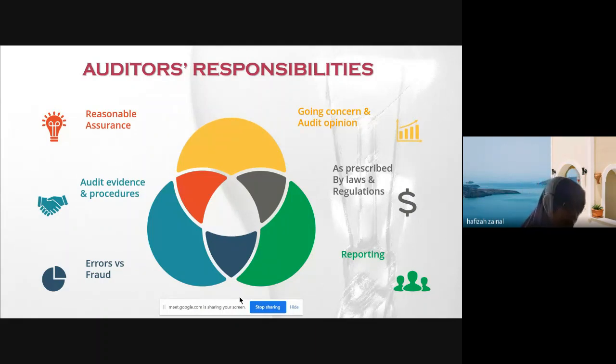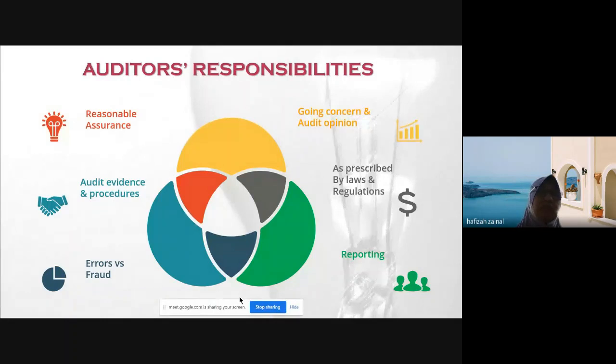But overall, we might not know everything about the company, even if we check the whole population, for instance, because there might be some information that did not come to our attention as an auditor. So that's why we can only provide reasonable assurance instead of absolute assurance.